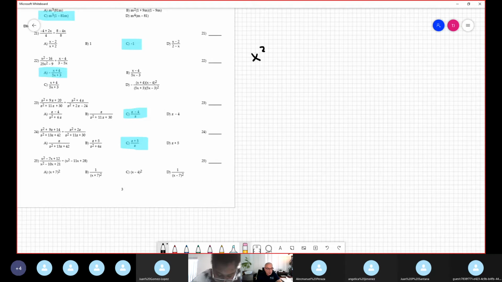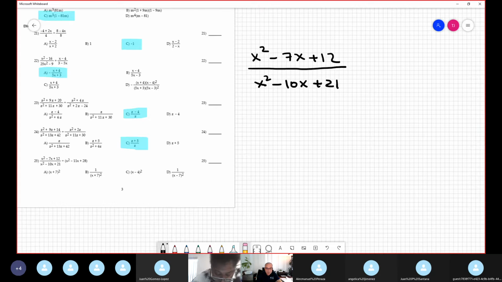I don't know, x squared minus 7x plus 12 divided by x squared minus 10x plus 21. Division, wow. Parentheses, x squared minus 11x plus 28. Bueno, entonces something is missing.